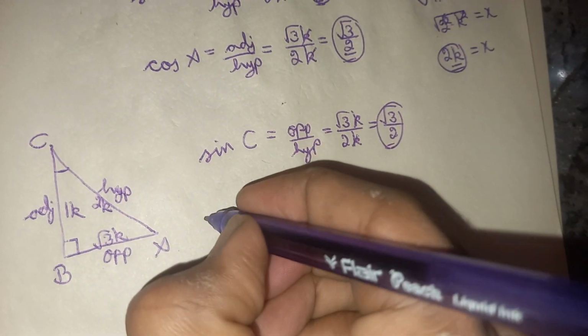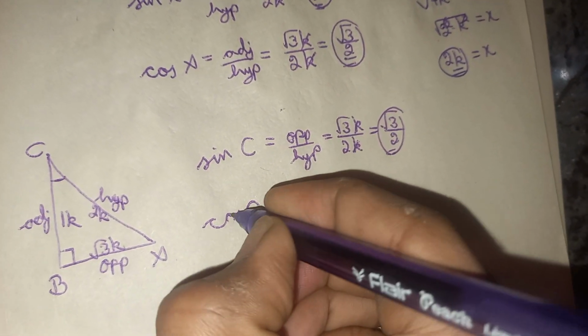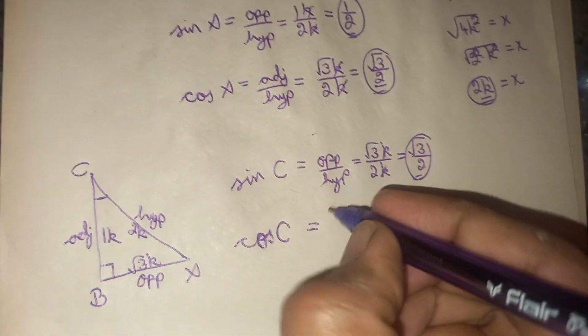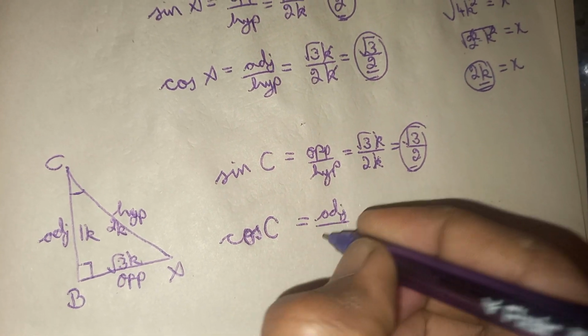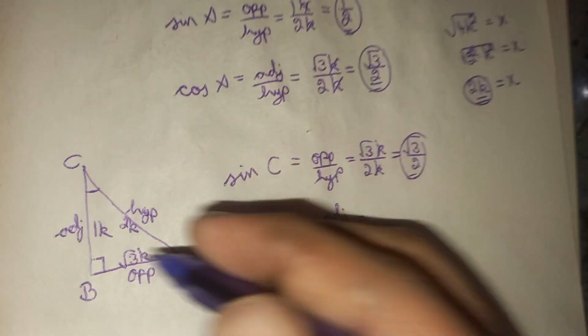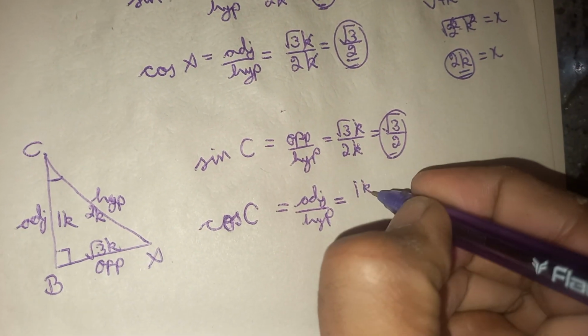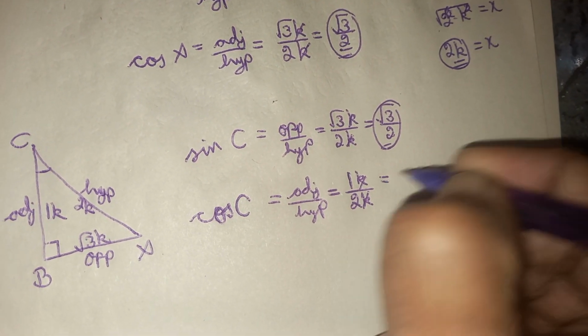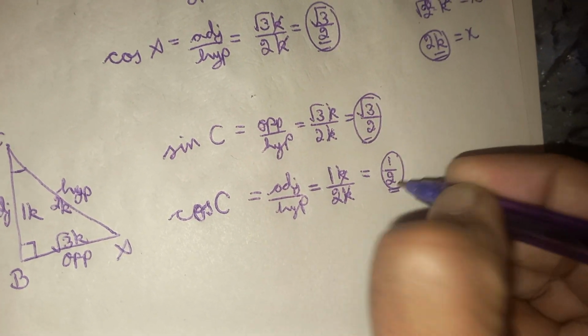Cos C is adjacent by hypotenuse, 1k by 2k, and k cancels out, so it remains half.